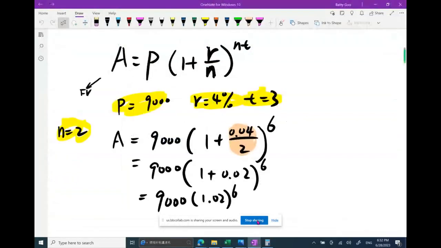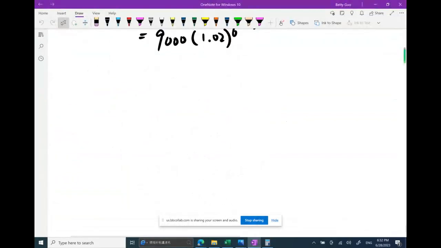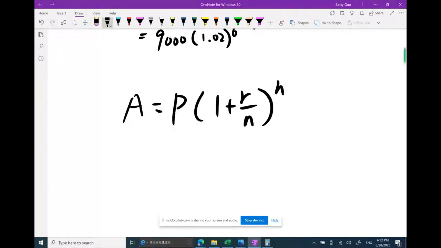Yeah, the first method, let me give you the formula again. I hope you remember this formula because it's a very important formula. And P is 7,000.